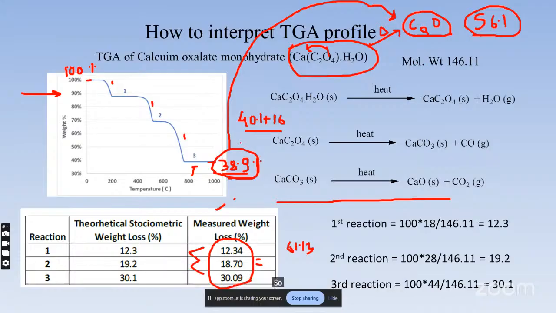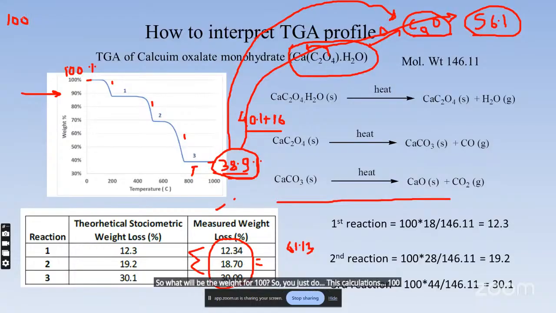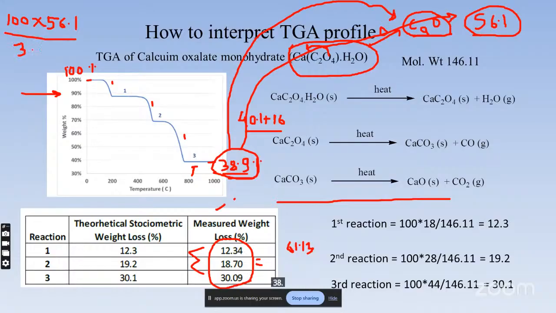If 38.9% is there, molecular weight is 56.1, so what will be the weight for 100? You just do this calculation: 100 into 56.1 divided by 38.9. Okay, make a calculation and tell me the answer.